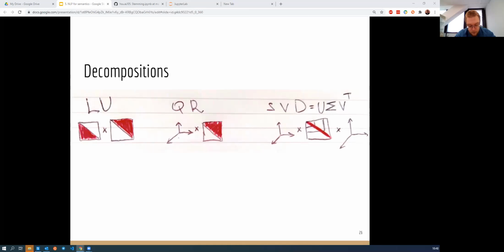PCA is done using singular value decomposition. I will not stop here. I hope you remember what this is. If not, just read about it. SVD is the way of decomposing the matrix into three: two unitary matrices and one diagonal matrix.